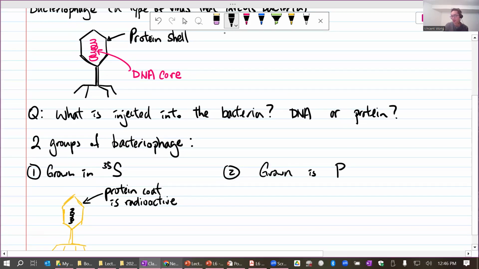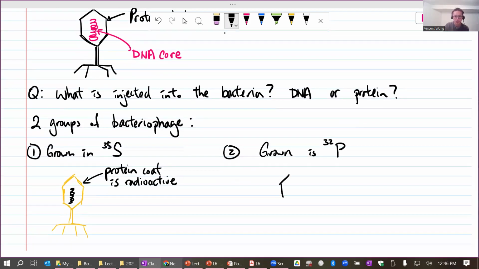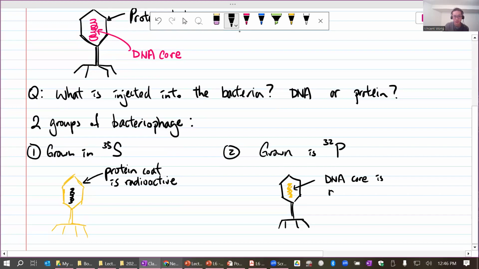It's phosphorus, right? Phosphorus 32. DNA has phosphorus, but protein does not. So in this case, the shell is not labeled, but the DNA is. So here we say the DNA core is radioactive.